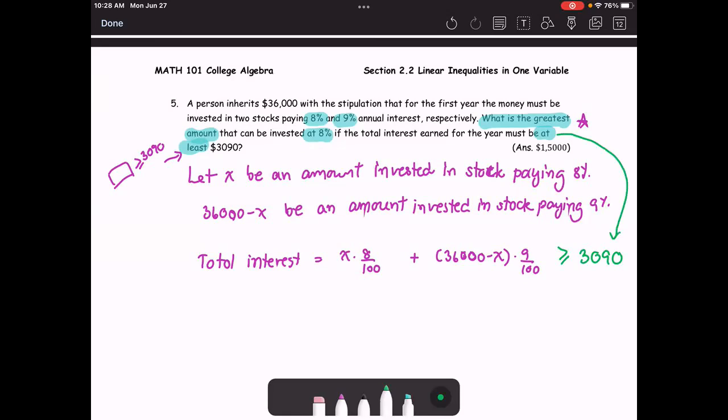Now we have the inequality problem as X times 8/100 plus 36,000 minus X times 9/100 greater than or equal to 3,090. Let's simplify the expression and then solve for X.